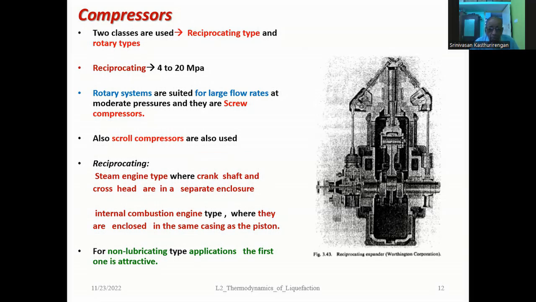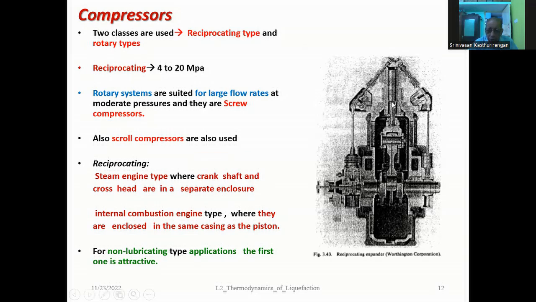Now, in a typical reciprocating system, you will have a piston cylinder arrangement, you will have a crosshead, which will be moving the piston forward and backward by any rotary mechanism. So for example, a typical reciprocating expander is shown here in this diagram.